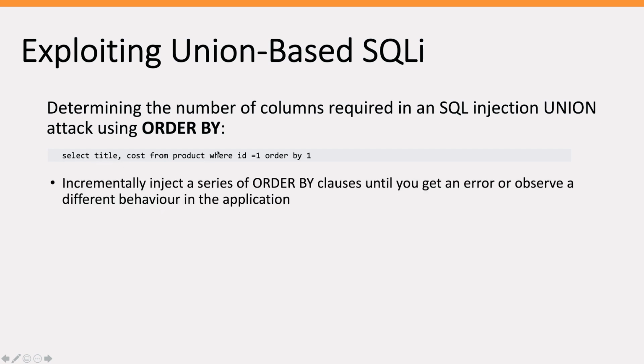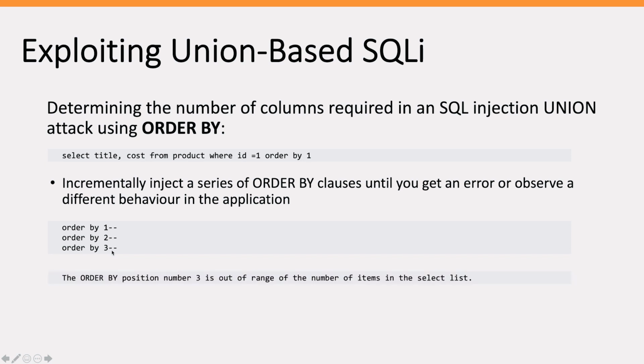Now, the way to figure out the number of columns is to incrementally inject a series of ORDER BY clauses until you get an error or observe a different behavior in the application. So if I say ORDER BY 1, it'll order by the first column. If I say ORDER BY 2, it'll order by the second column. Now, if I say ORDER BY 3, that column doesn't exist.